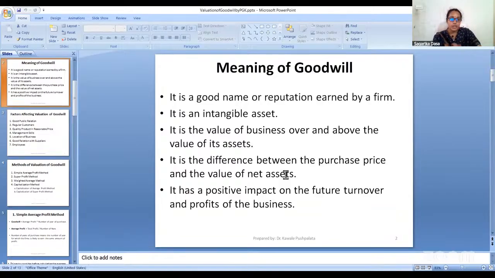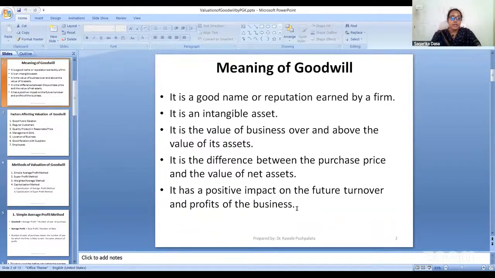Because of the reputation of the company, the value of goodwill has a major impact on the particular organization. It is a positive impact on the future turnover and the profits of the business. Goodwill is a positive impact that the company will definitely earn profits.